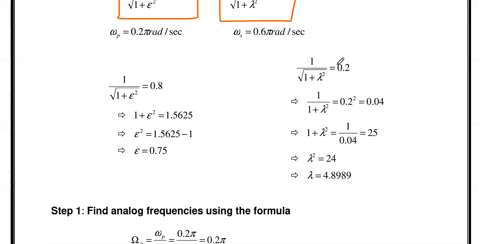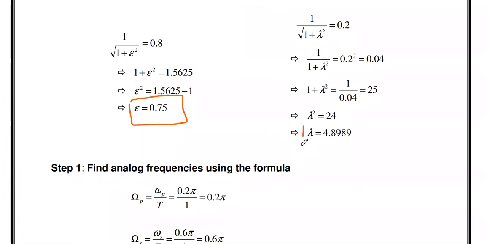Similarly, 1 by square root of 1 plus lambda squared is equal to 0.2. To find lambda, take the reciprocal on both sides, then square. Rearranging, we get lambda equal to 4.8989. So epsilon and lambda are calculated.